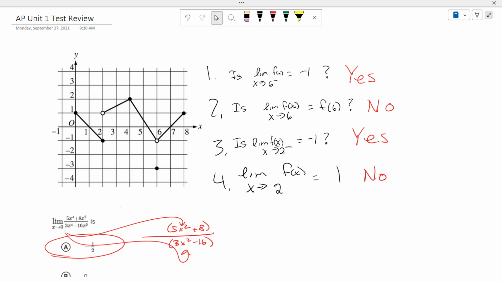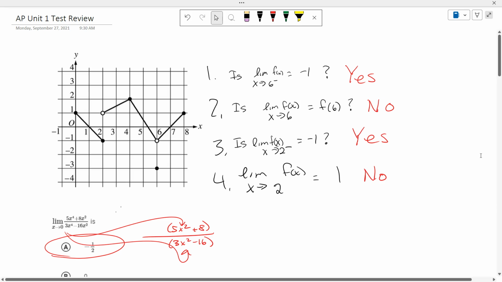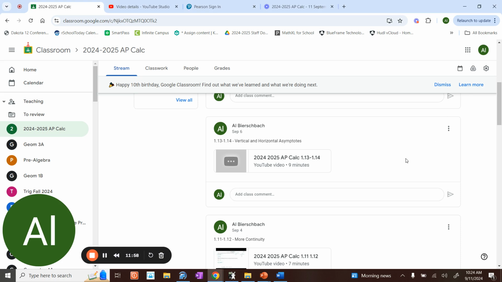You'll have all of Friday to work on Khan Academy test. And then Monday, we'll take the AP Classroom test. So make sure you know how to log into AP Classroom. So you might want to check that you can log into AP Classroom before Monday.